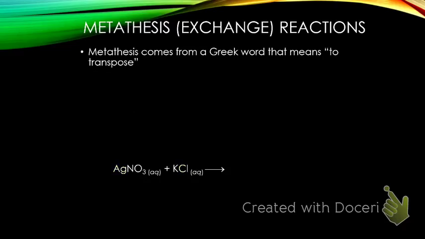Okay, so now we're going to talk about exchange reactions, which is really the type of precipitation reactions that we were doing. These are also called metathesis reactions, which unfortunately I don't believe the current edition of your book uses, the term metathesis, which comes from the Greek that means to transpose.